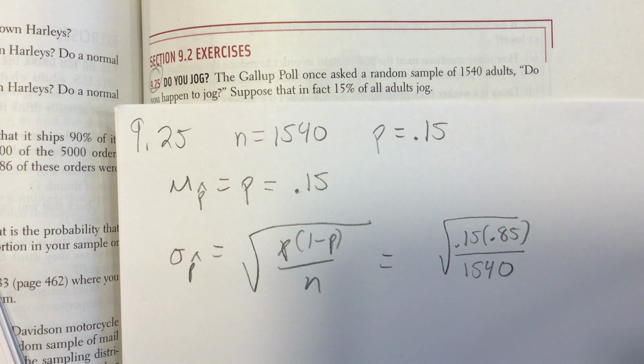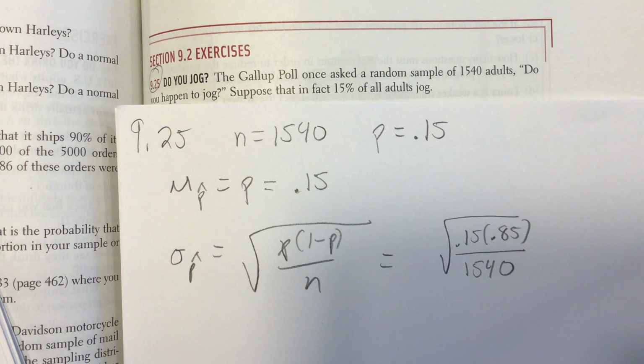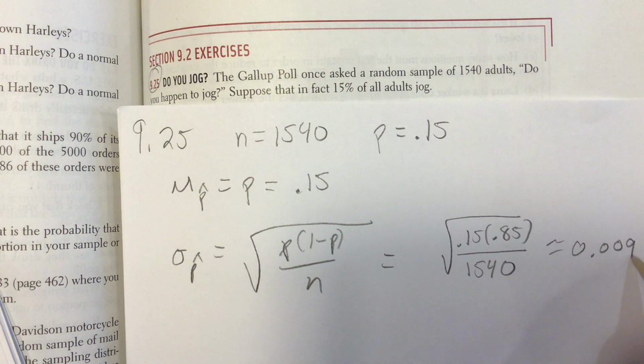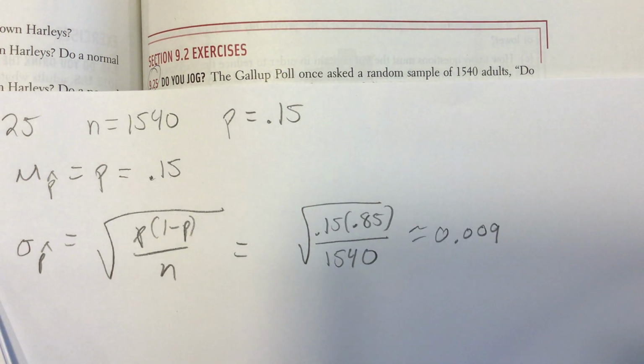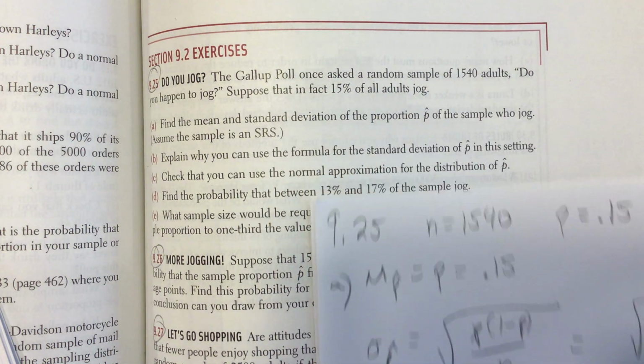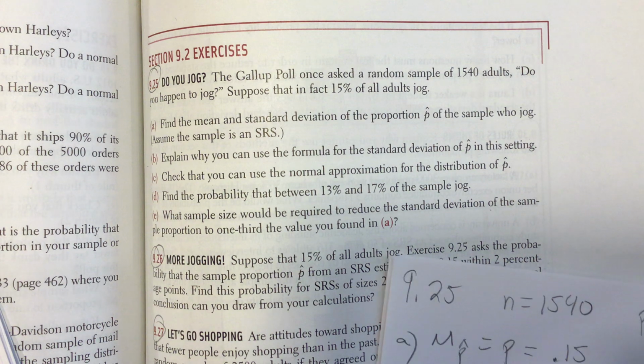And there you go. Put that in your calculator. Should get a decimal, and it should be approximately this. Okay, that was part A. All right, part B. Explain why you can use the formula for the standard deviation in this setting.